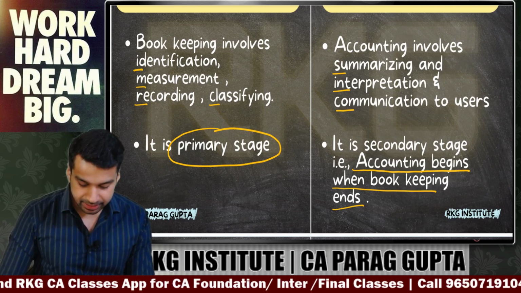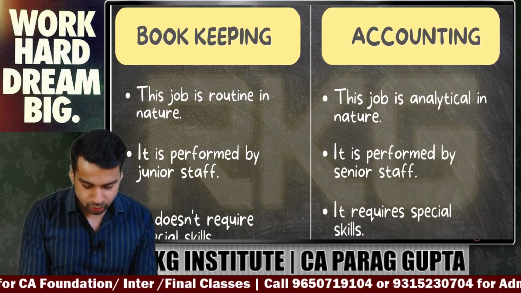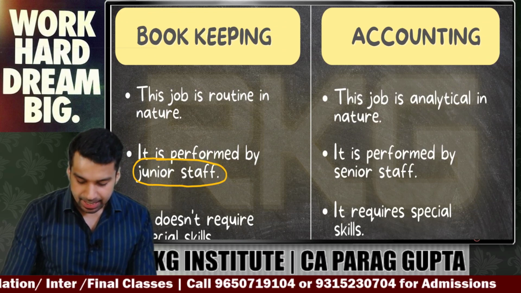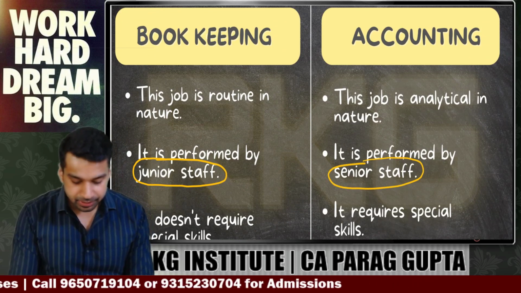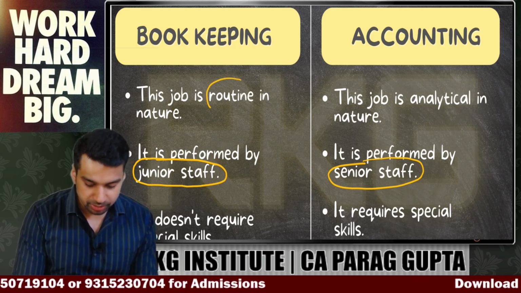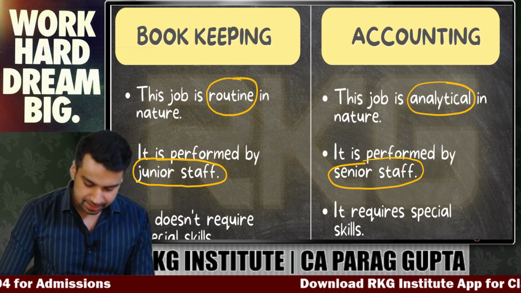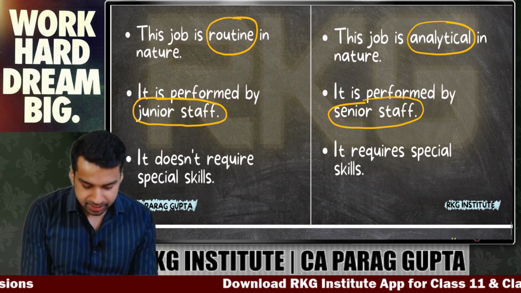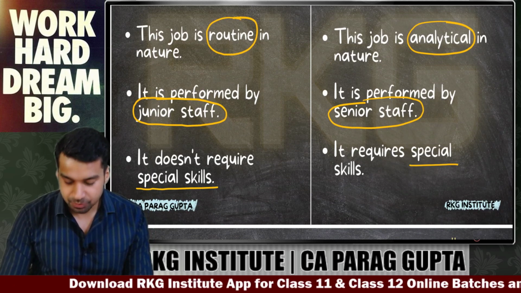Bookkeeping is generally done by junior staff because there are no analytical skills required, and accounting is performed generally by a senior staff. The job is routine in bookkeeping, but the job is analytical in accounting. And same way we can say that bookkeeping does not require any special skills, but accounting requires special skills.